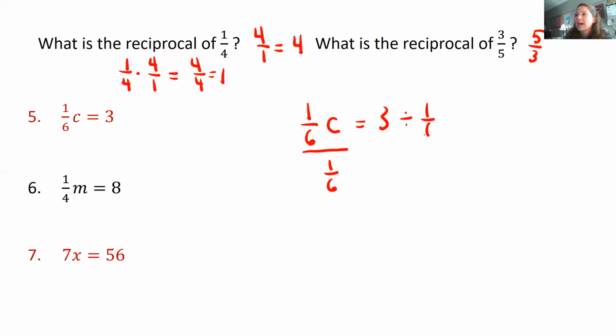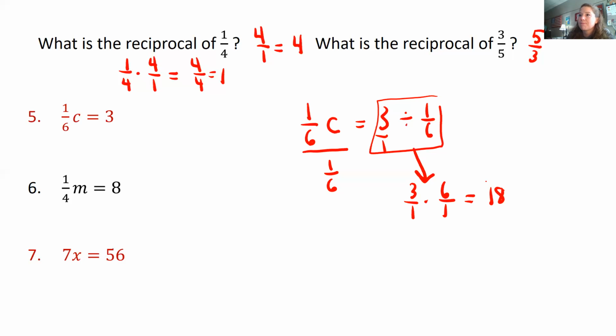Well, how do you divide fractions? You keep it, change it, flip it. So dividing by 1/6 is the same thing as multiplying by its reciprocal, multiplying by 6/1, which is going to be 18.